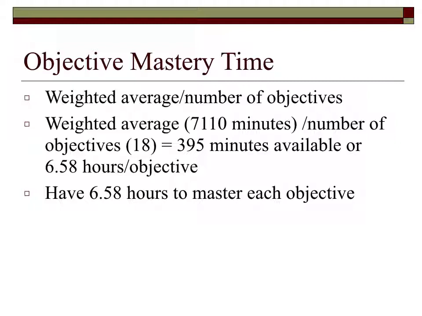So this means we have 6.5 hours to master each objective. That's a lot of time, because I didn't provide that many objectives. But again, if we had 5 content areas, this number would be shorter. You'd have less time.